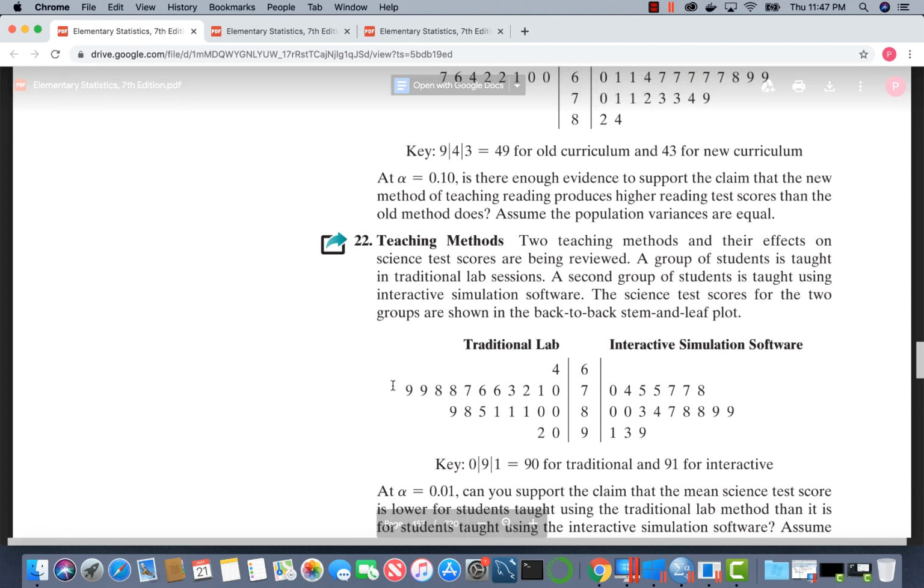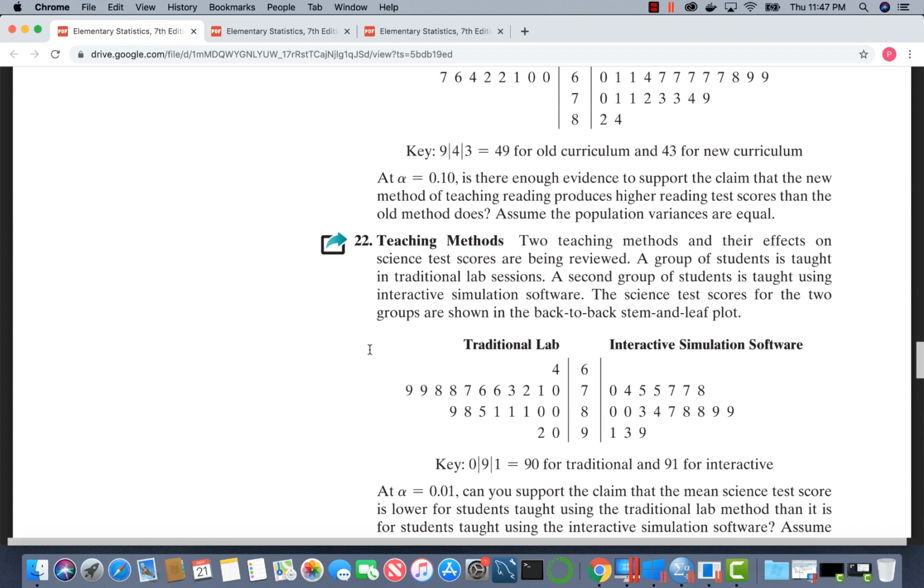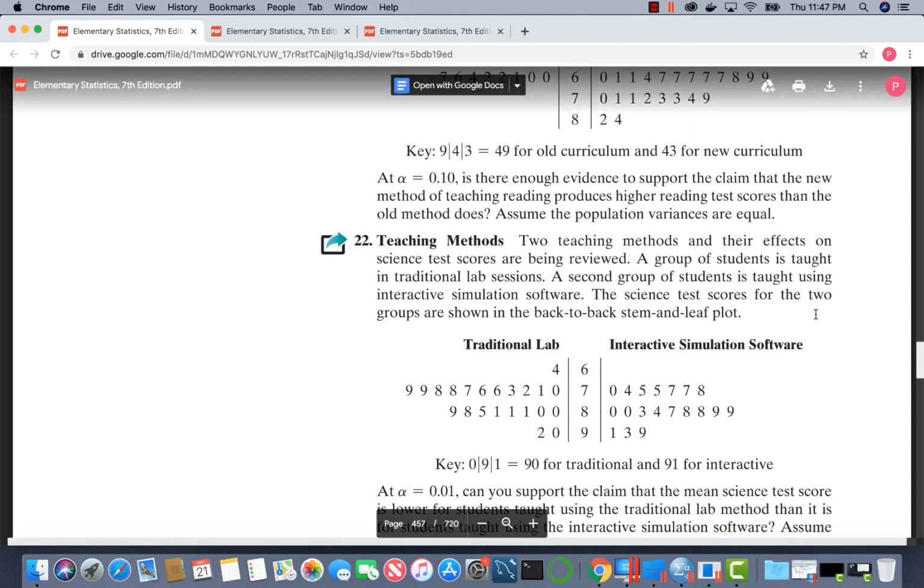Suppose we want to do this problem here, this one with the teaching methods. Let's read it. Two teaching methods and their effects on science scores are being reviewed. A group of students is taught in traditional lab sessions. A second group is taught using interactive simulation software. The science test scores for the two groups are shown in the back-to-back stem and leaf plot.